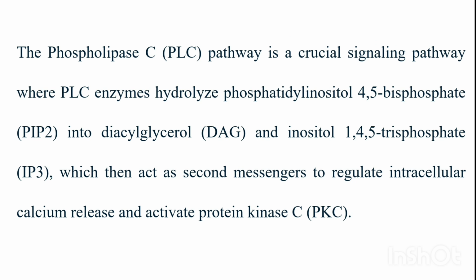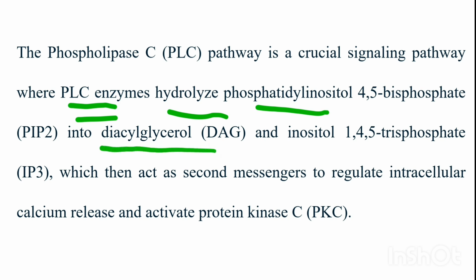It is a very crucial signaling pathway where phospholipase C enzymes hydrolyze phosphatidylinositol 4,5-bisphosphate, PIP2, into diacylglycerol and inositol 1,4,5-triphosphate, which is IP3. So basically, phosphatidylinositol 4,5-bisphosphate will be cleaved into two parts by the PLC enzyme.